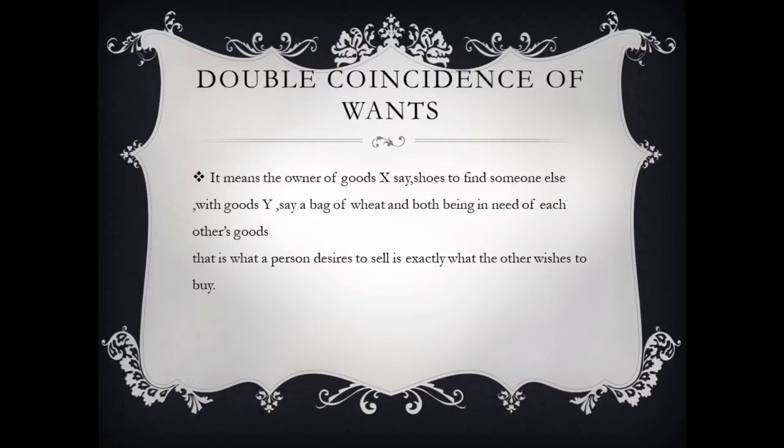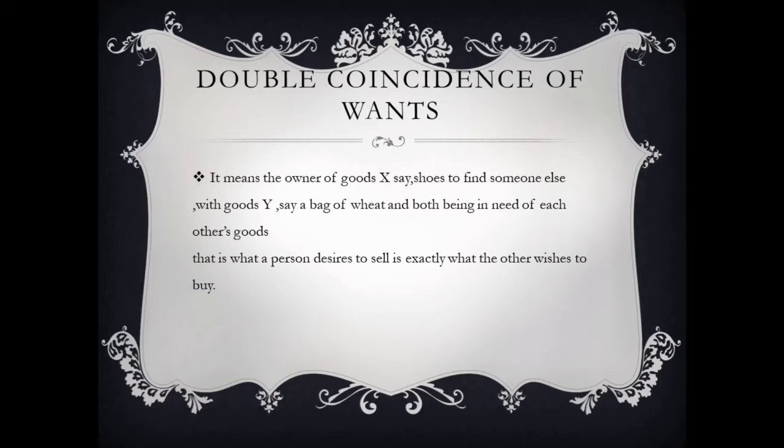For example, the owner of goods X, say shoes, has to find someone else with the goods Y, say a bag of wheat, and both being in need of each other's goods. Here, X wants to sell shoes and wants to buy wheat, whereas Y wants to sell wheat and buy shoes, and both being in need of each other's goods.